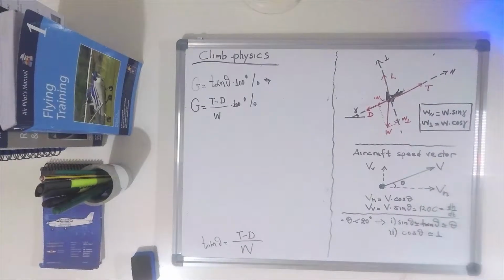And from the last expression we can see that thrust minus drag is the excess thrust, since thrust is the thrust available and drag is in essence thrust required.